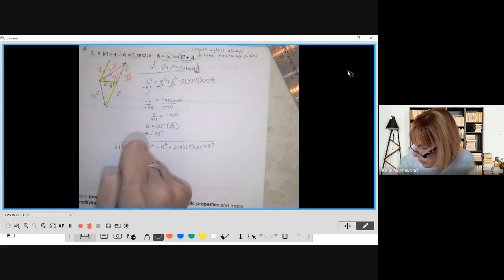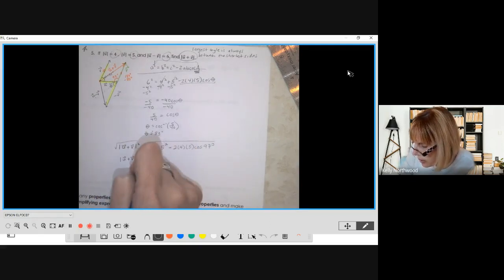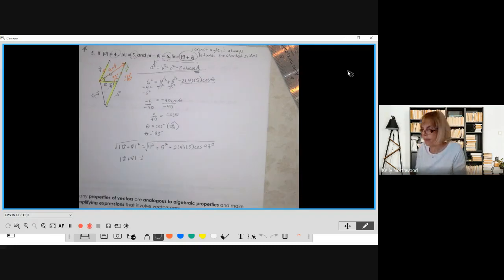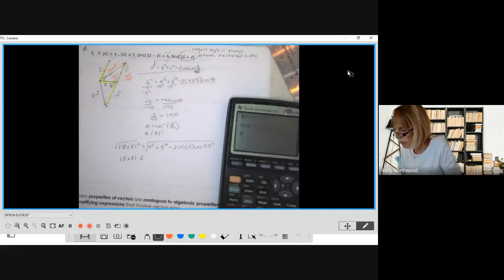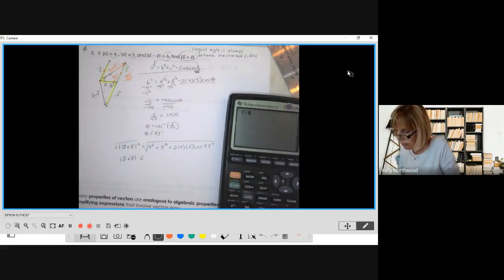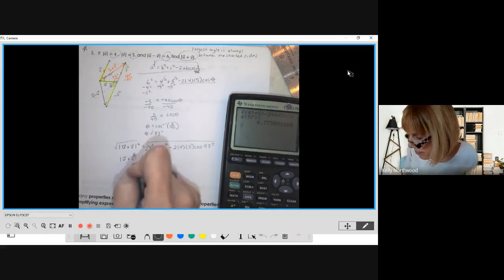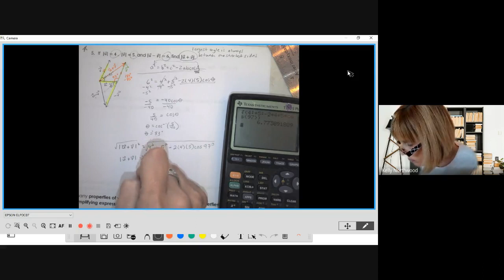So the magnitude of vector u plus v is approximately 8.8 units.